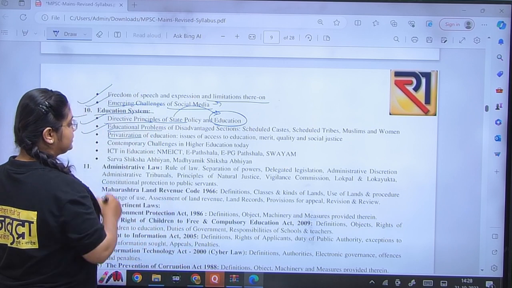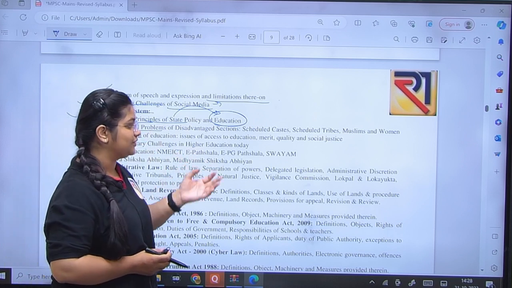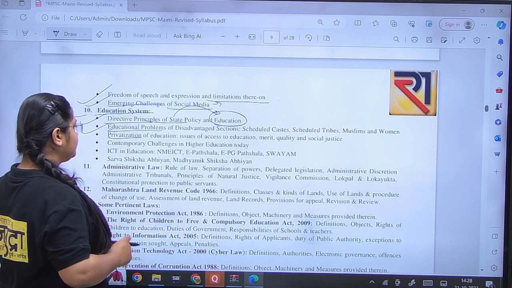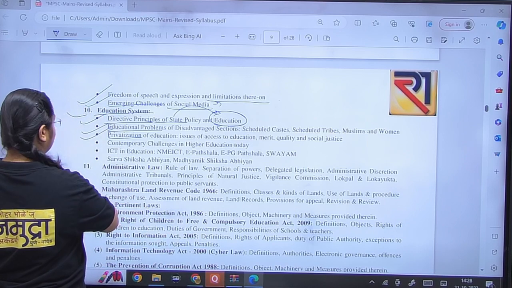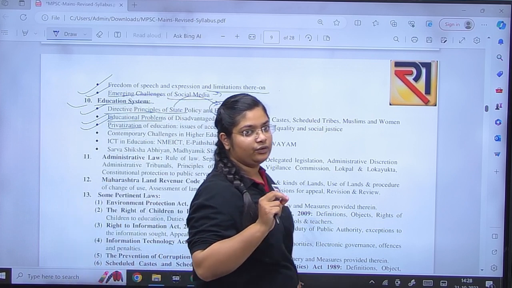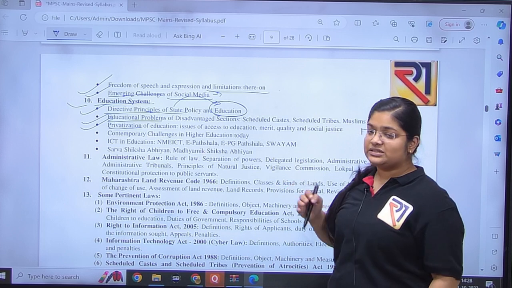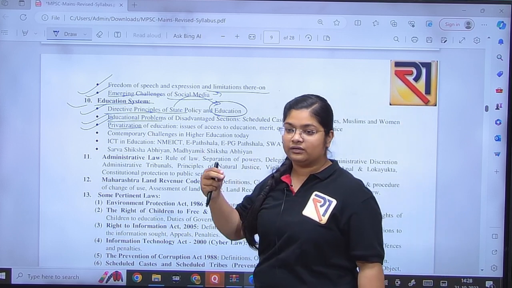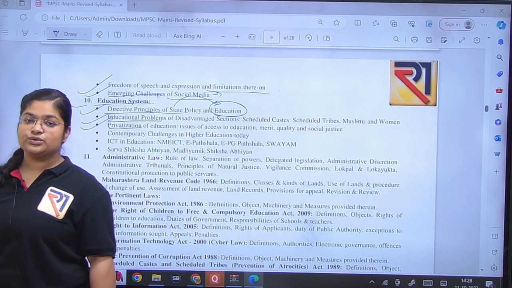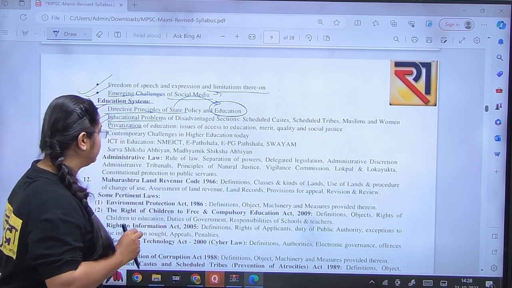Then privatization of education, issues of access to education, merit, quality and social justice. Education is a fundamental need of every human being to have a successful life or to face competition. So what issues are vulnerable sections facing? We have to know about it.